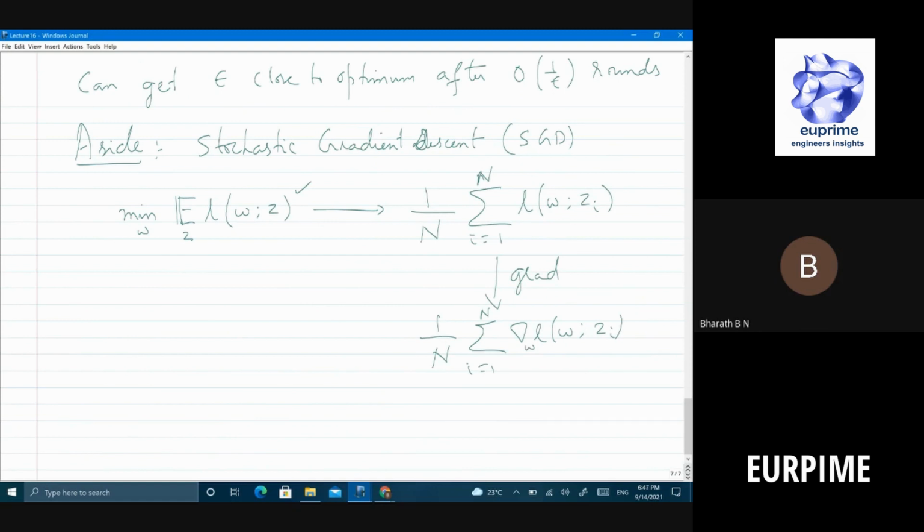If there are, let's say, 10 million data points, then you have to find 10 million gradients. Do you think it's easy? I mean, it's easy meaning conceptually easy, but if you are training a very deep neural network, that means there are 10 million coefficients, a vector of 10 million, that's the number of neural network weights, that is your W. And you also have, let's say, 5 crore data points.